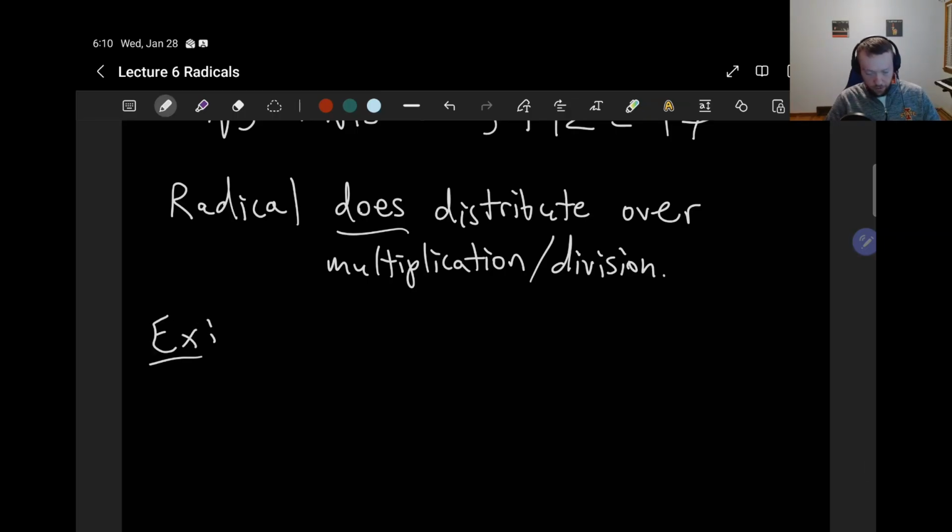Let's see this in action. Say I want to take the square root of 20 and I want to simplify. The way to do it is to factor 20 as 4 times 5.